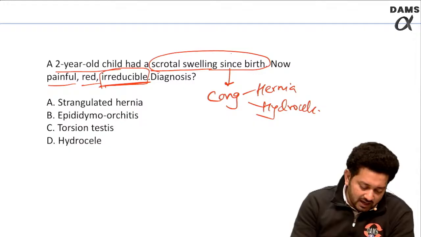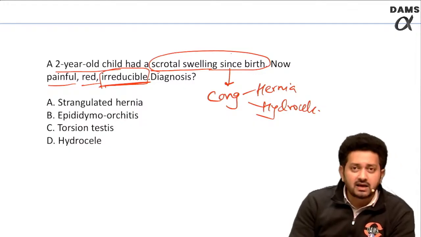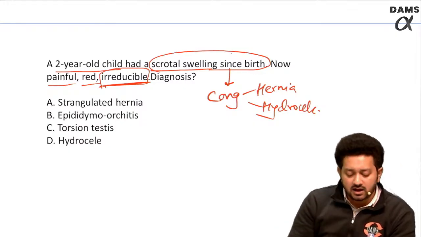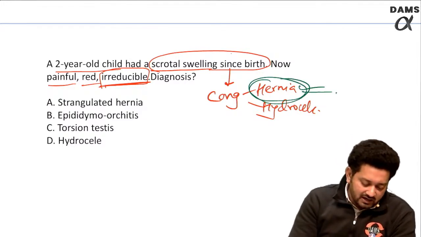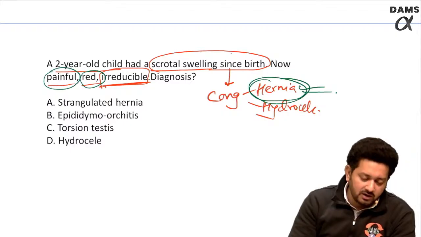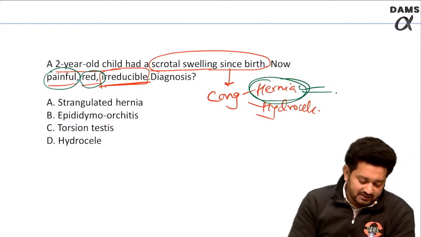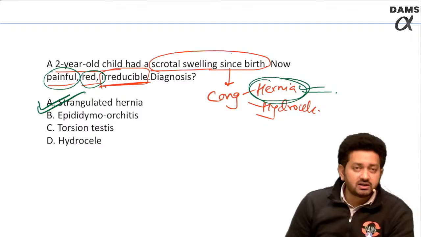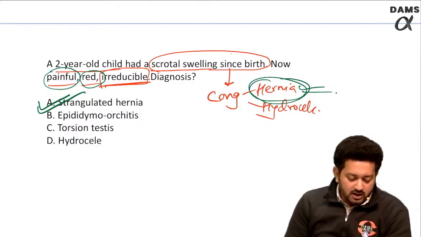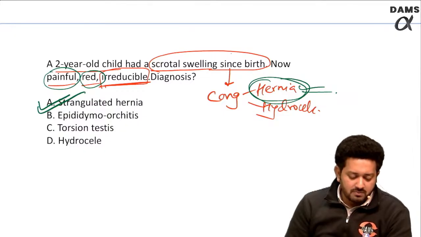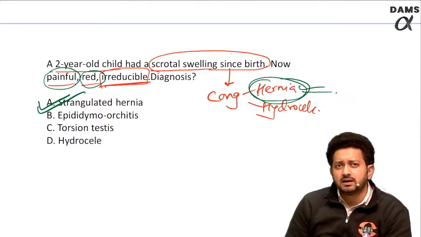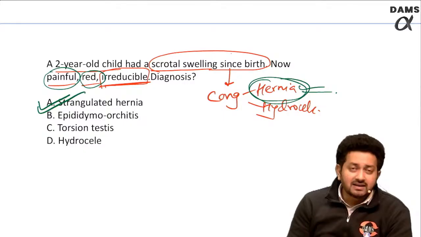If it is irreducible, it means something has come into that area and is not going back, so it has to be a hernia. And as it is red and painful, it is a strangulated hernia. Epididymo-orchitis generally does not occur in such a young age group, like 2 years, but even if it does, it will not be related to the swelling since birth.